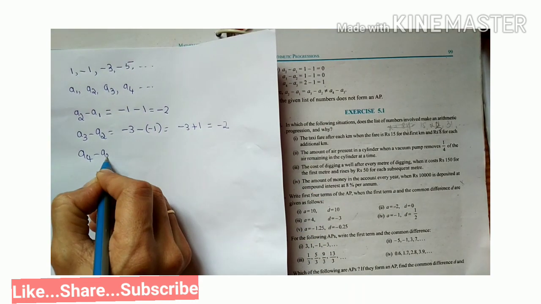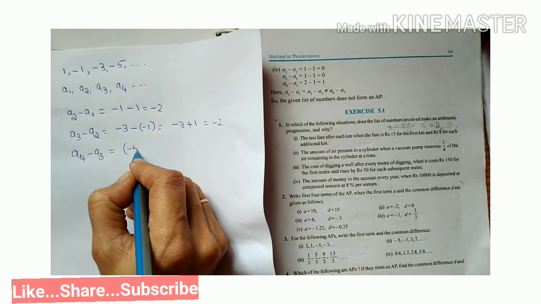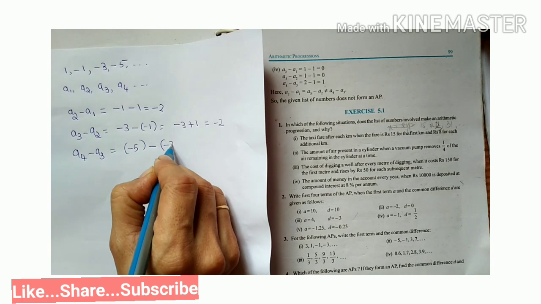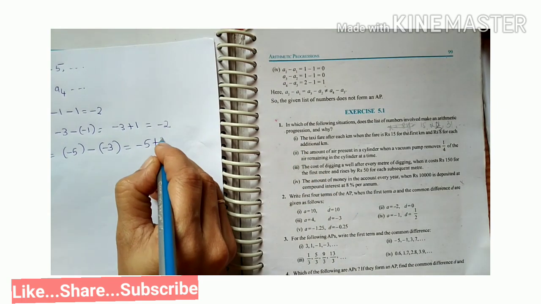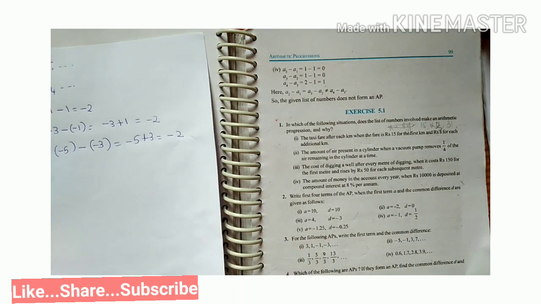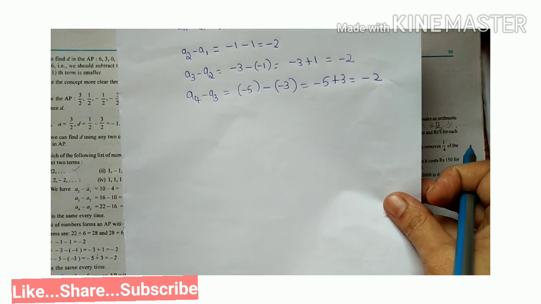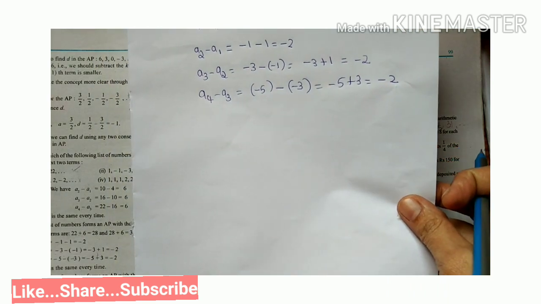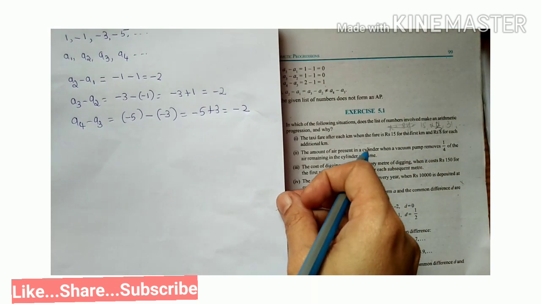A4 minus A3: A4 is -5, A3 is -3, so -5 minus (-3), that is -5 plus 3, is -2. Here the common difference is same every time.